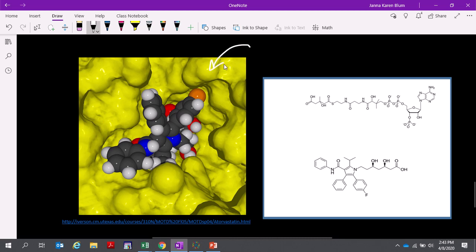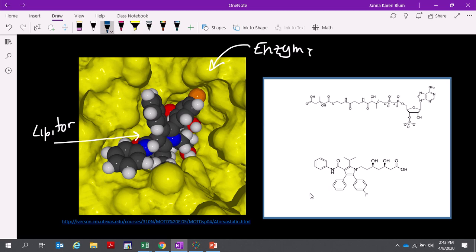This is the enzyme here. And in the middle, this is Lipitor. And you can see the parts of this molecule.